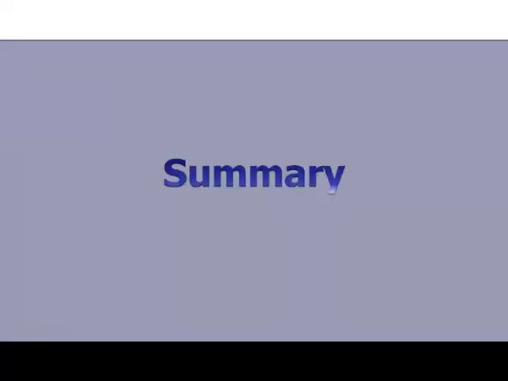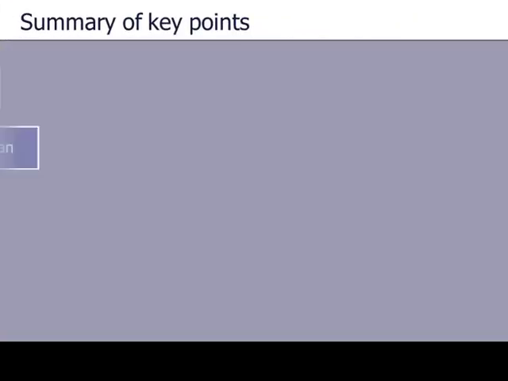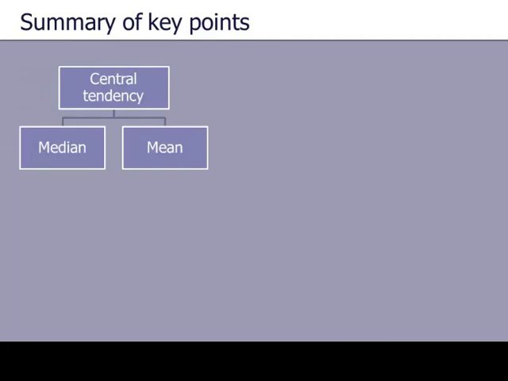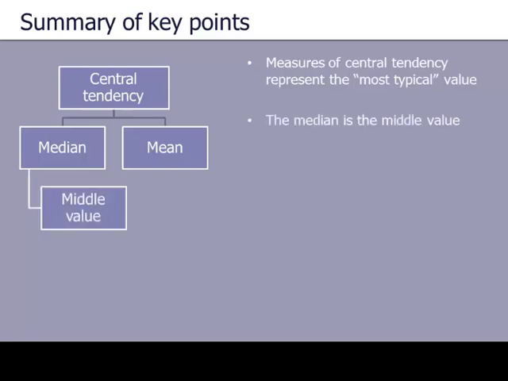Let's review. Measures of central tendency represent the most typical value in a set of values. We described two measures of central tendency, the median and the mean. To find the median, we arrange values from smallest to largest. The median is the middle value. The mean is the sum of values divided by the number of values.